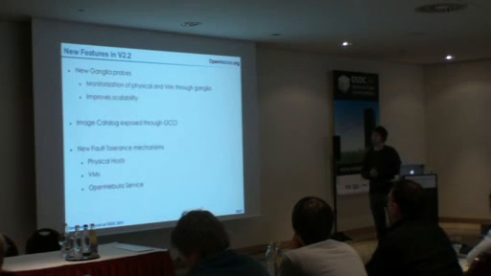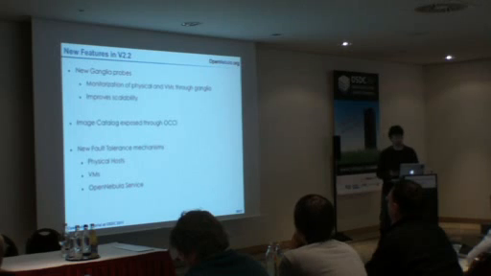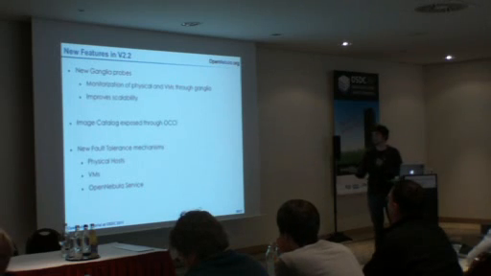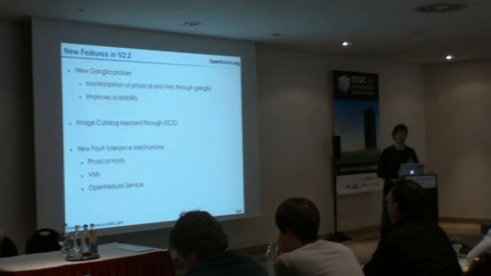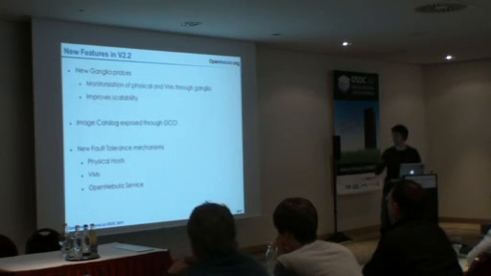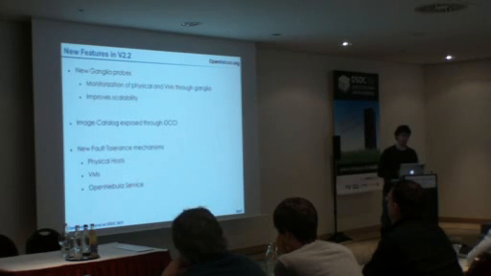And we also offer fault tolerance mechanisms, which are basically those hooks I talked about, for physical hosts and for virtual machines, and the OpenNebula service can be run duplicated. So if one goes down, the other one has all the information needed to keep on managing the cloud.